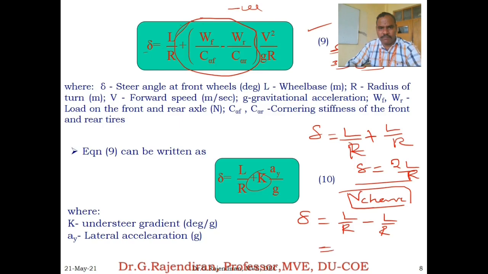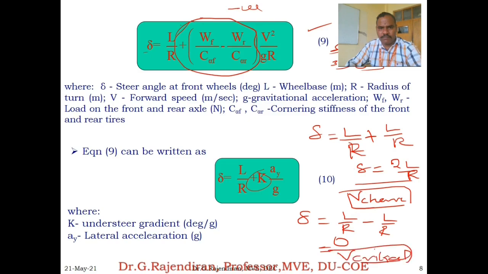So this second term approaches L by R, and the steer angle of the vehicle is 0. The speed at which the steer angle is equal to 0 is called the critical speed.